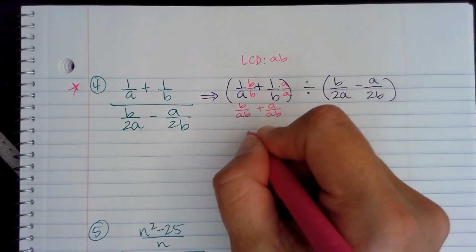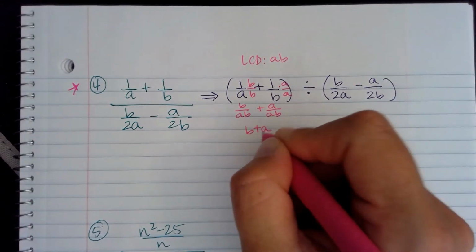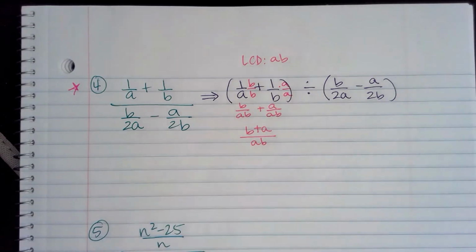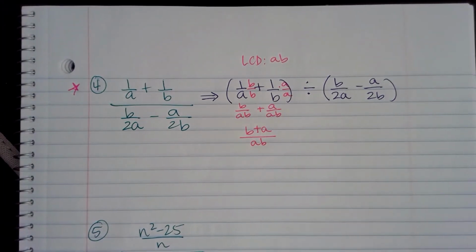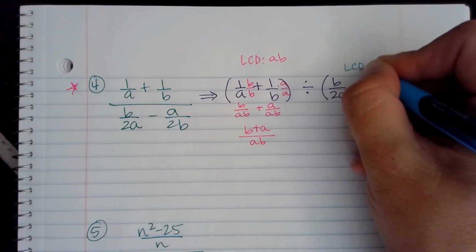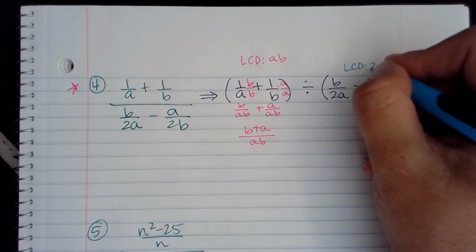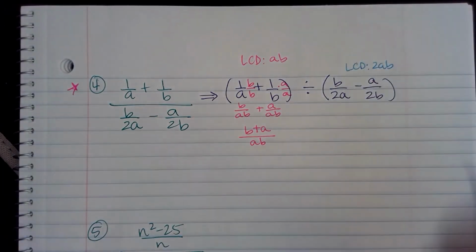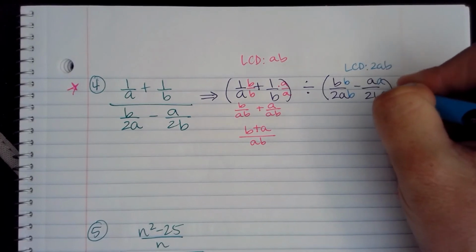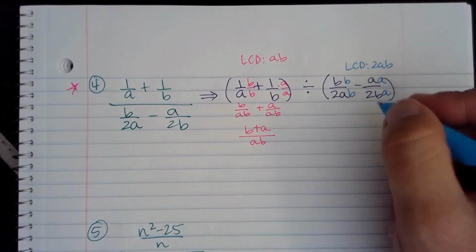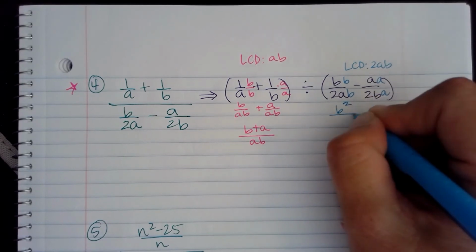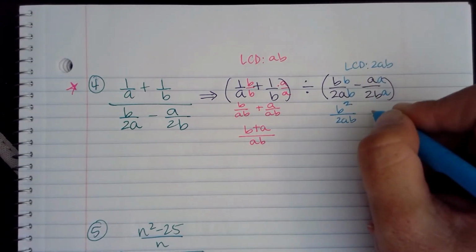So this becomes B plus A over AB. On the right side, my LCD is 2AB. So I multiply this by B over B and this one by A over A. So this is B squared over 2AB.